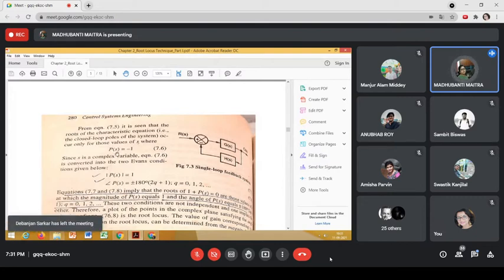So it will have its magnitude as well as its phase angle. So this equation can be broken down into two equations, and the first equation is: magnitude of P(s) will be equal to 1.